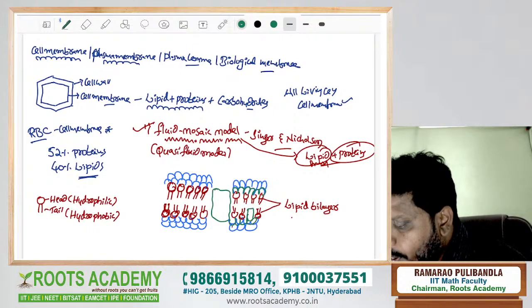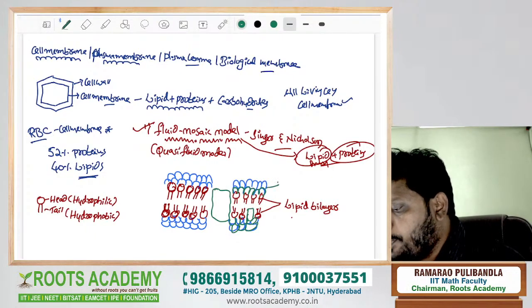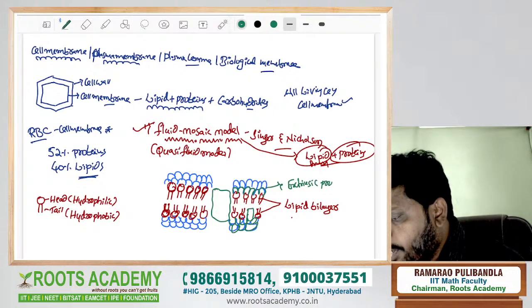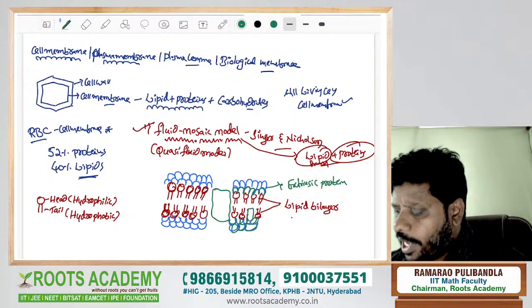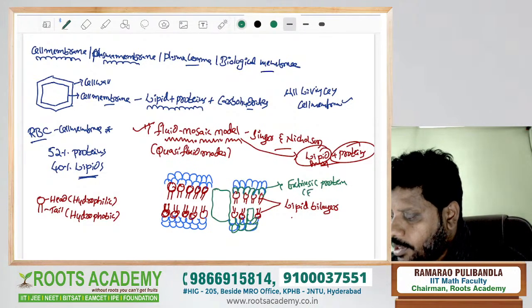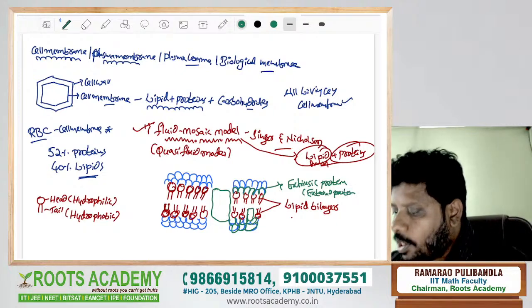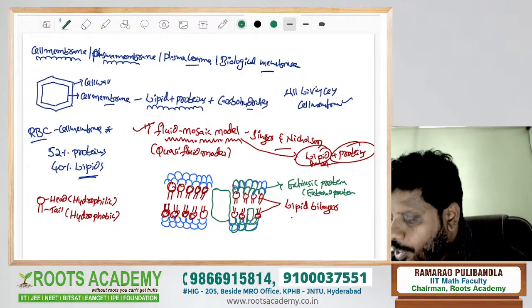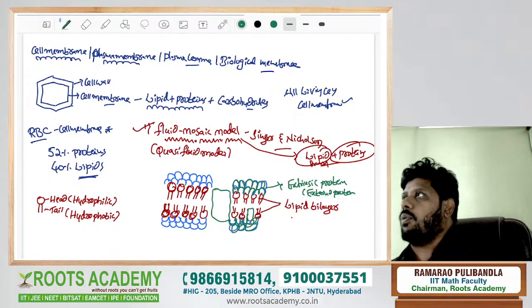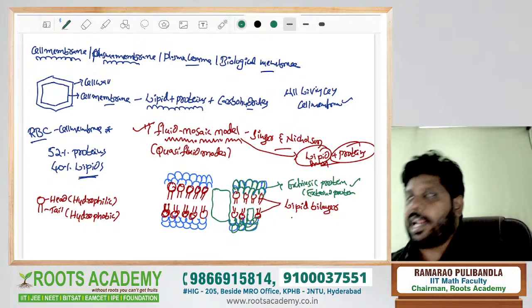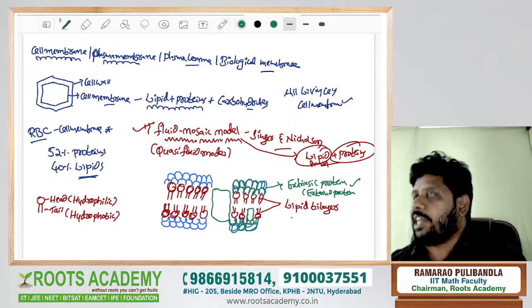Some proteins present outside the lipid bilayer are called extrinsic proteins, or these are the eccentric proteins, meaning external proteins. Some proteins, see this one, are present outside the lipid bilayer, towards up and towards down. Those proteins are called extrinsic proteins or external proteins.